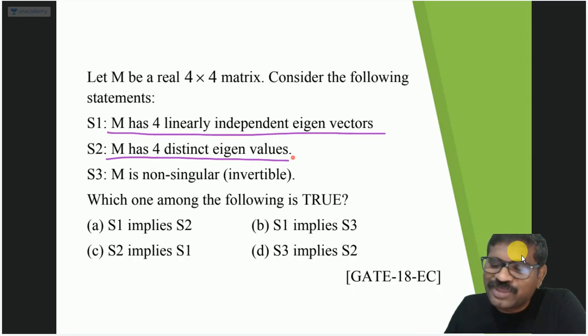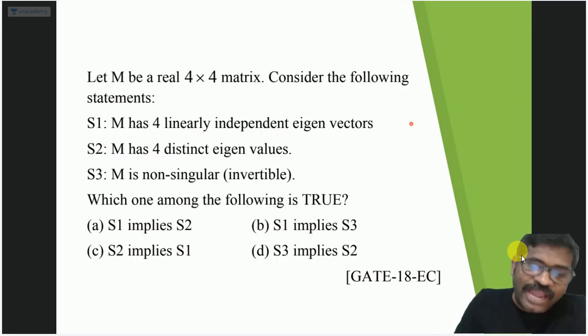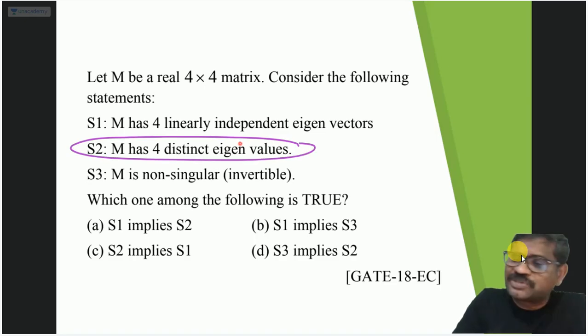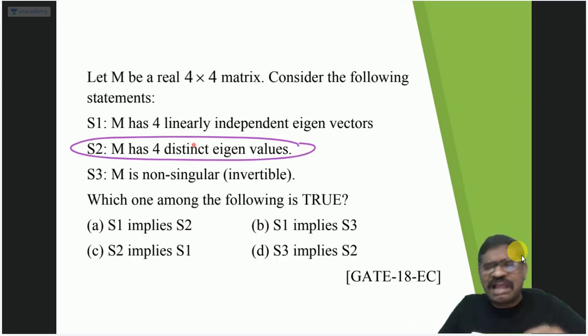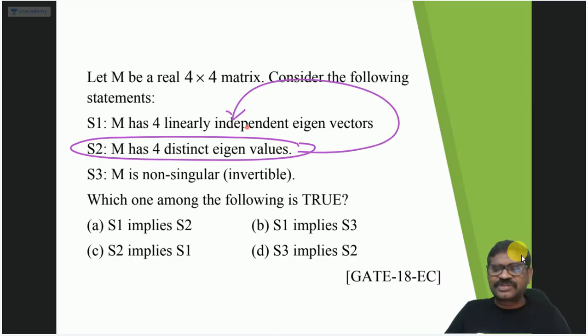You can't, because even with repeated eigenvalues there is a possibility of 3 independent eigenvectors. Therefore, it is not S1 implies S2. It is S2 implies S1. If you have 4 distinct eigenvalues, 100% you have 4 independent eigenvectors. So S2 implies S1 is the correct statement.